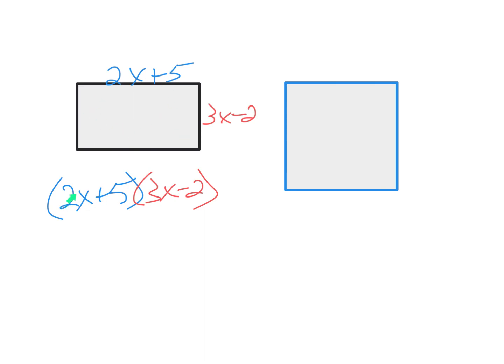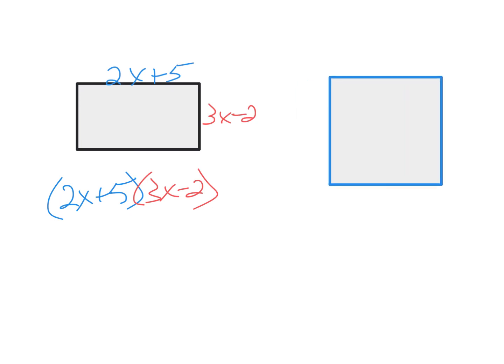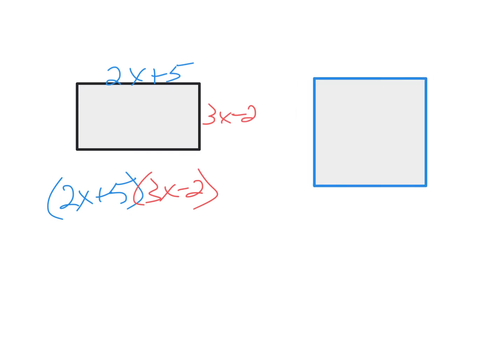And if we went ahead and solved this, then we would know the actual area of this rectangle based on these binomials. Now, this other one here is a little more specific. It is a square. So in a square, if you're shown that one of the measurements is 3x plus 4, a way to represent the area is to put 3x plus 4 in parentheses and say it's squared.